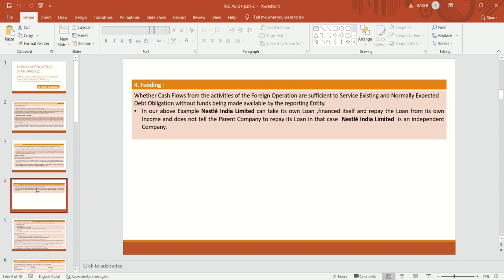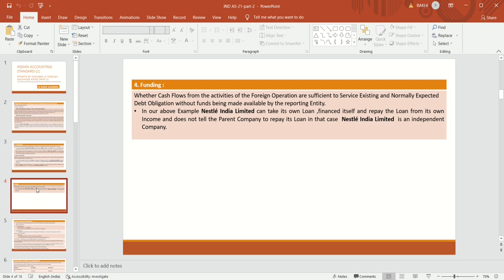Fourth indicator, funding. Whether cash flows from the activities of the foreign operation are sufficient to service existing and normally expected debt obligations without funds being made available by the reporting entity.